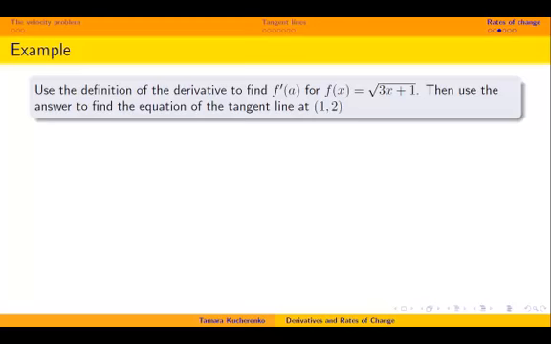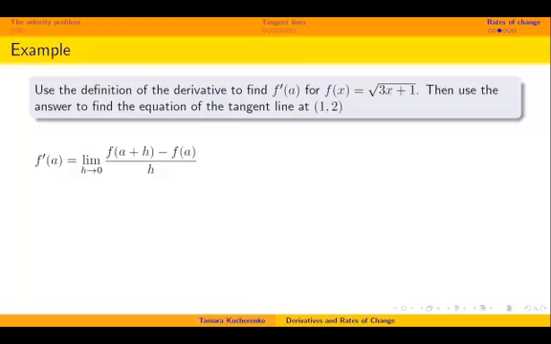Let's use the definition of the derivative to find f prime of a for f of x equals square root of 3x plus 1. Then use the answer to find the equation of the tangent line at point 1, 2. The definition of the derivative states that f prime of a equals the limit as h tends to 0 of f of a plus h minus f of a divided by h.